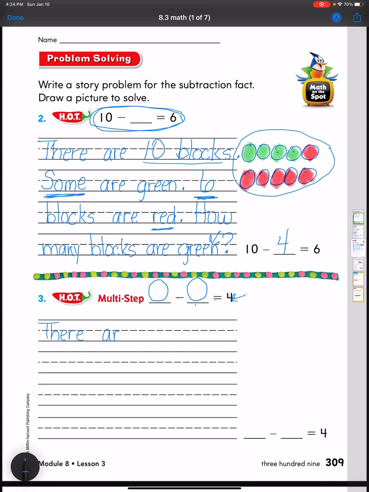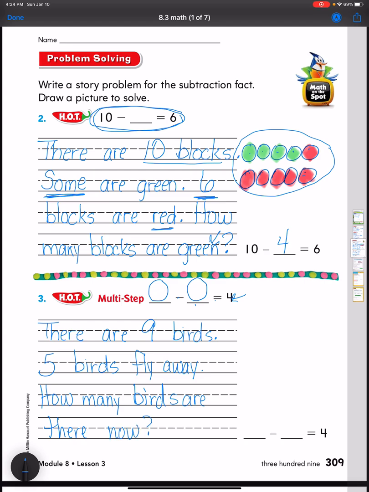There are 9 birds. 5 birds fly away. That means they're out of there. They're gone. They're subtracted. How many birds are there now?